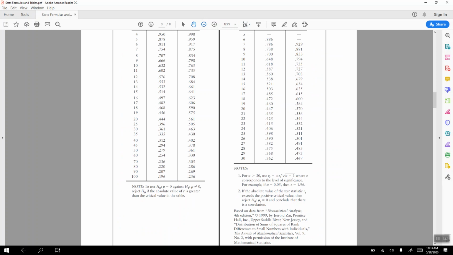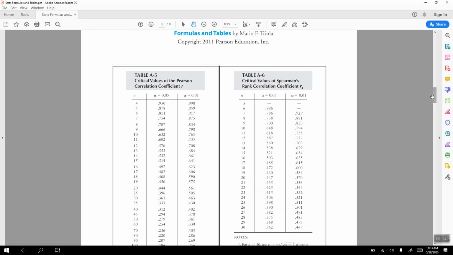Let me zoom out just a little bit more. There we are. So again, we're going to go with our n value. The n value that we were looking at was an n value of 5, and we were using a significance level of 0.05, which means that intersection is here at this specific critical value of 0.878.